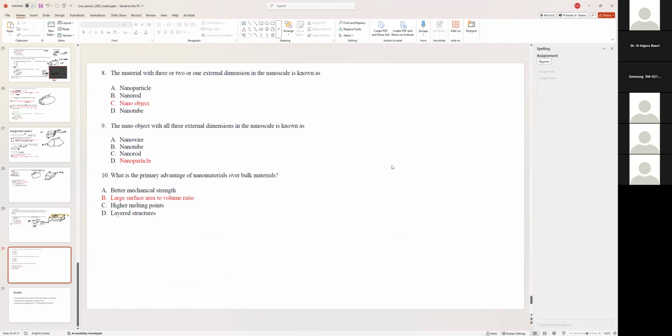Materials with three, two or one external dimension in nanometer scale: if any one of the dimensions is in nanoscale, you call it a nano object. A nanoparticle will have all three dimensions in nanometer scale. Nanorod has two dimensions in nanometer scale. Nanotube again has two dimensions.